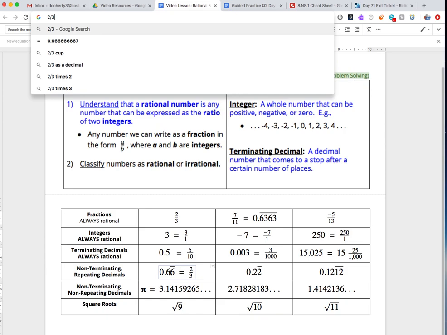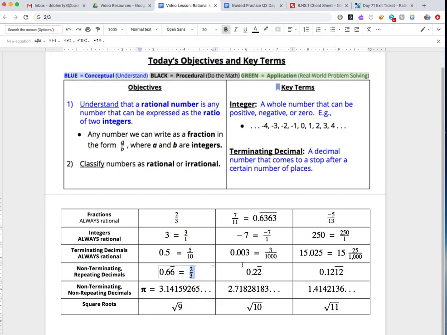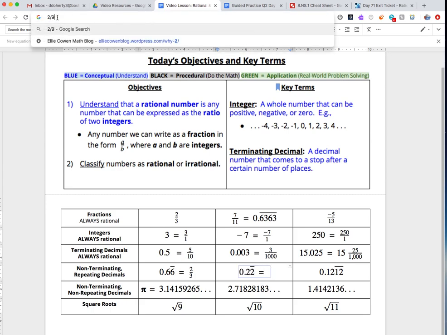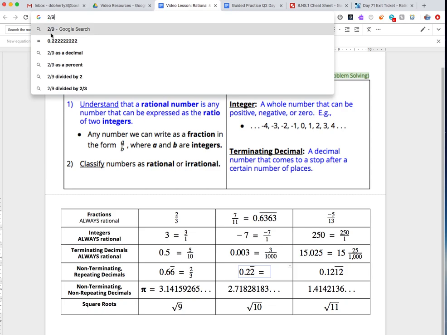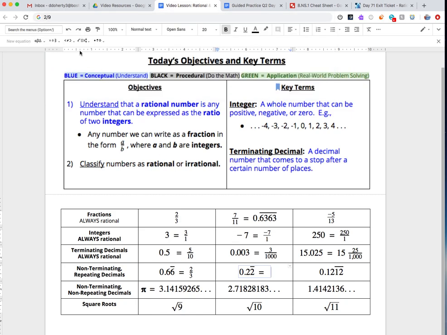That's where this decimal number that repeats was created, from the fraction 2 over 3. 0.2 with the 2 that repeats forever turns out it just comes from the fraction 2 divided by 9. That would create an infinite number of 2's after the decimal point. So this is also a fraction, 2 over 9.